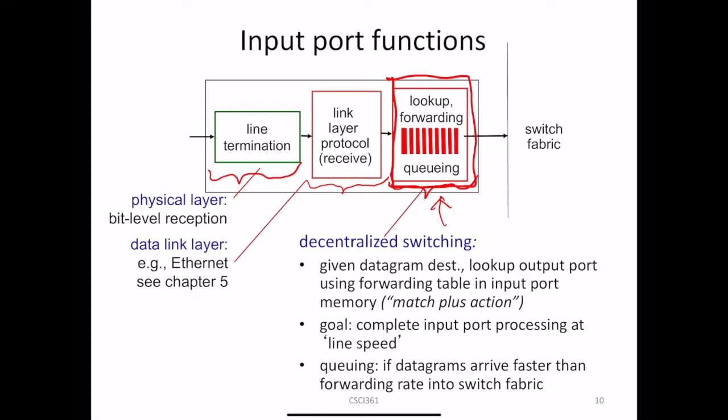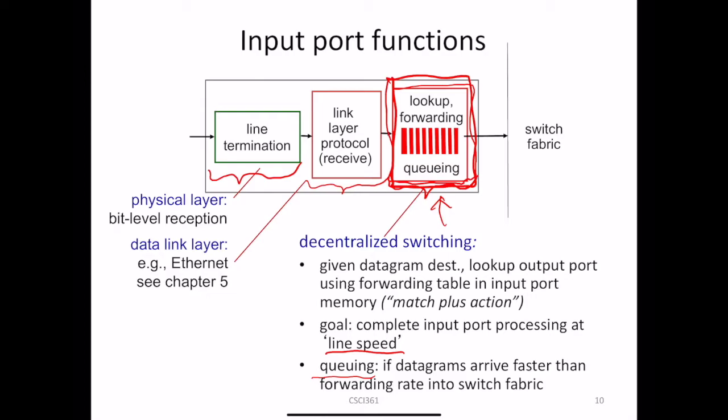The goal of decentralized switching is to complete input port processing at line speed. The line speed is the higher speed limit of the link; they will use that maximum speed to transfer the packets. As for queuing, each box in the input port function has a buffer.